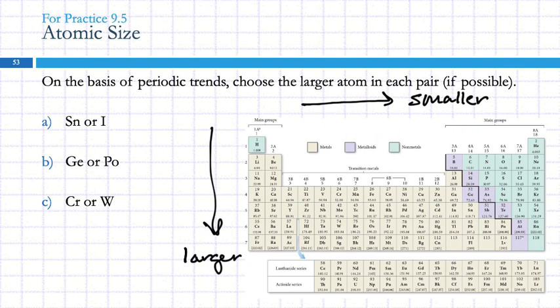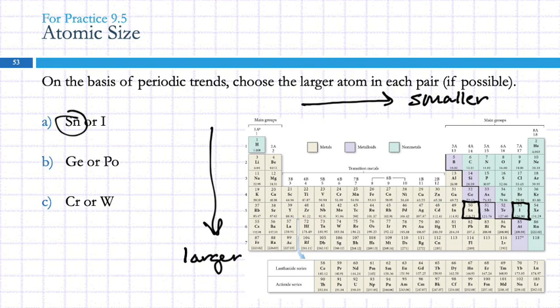So if we look at tin and iodine. So let's find these guys. There's tin, and here's iodine. Based on periodic trends, which one should be bigger? The tin should be bigger. Because as we come across, they're getting smaller because of the effective nuclear charge. So we would expect tin to be larger.